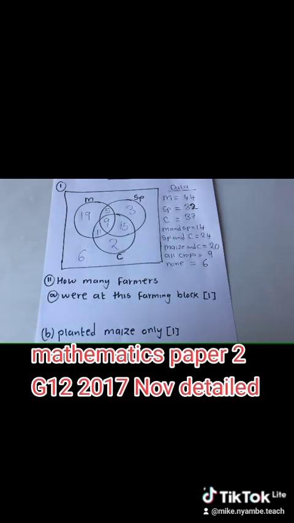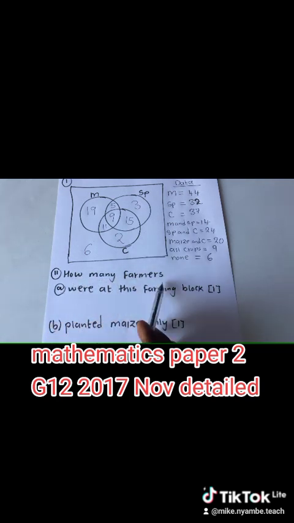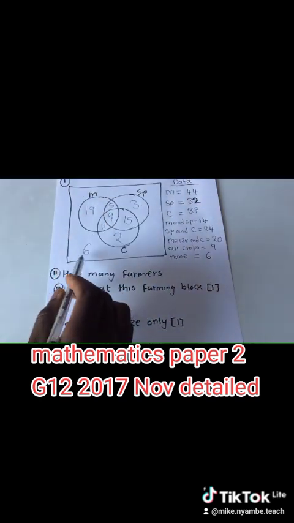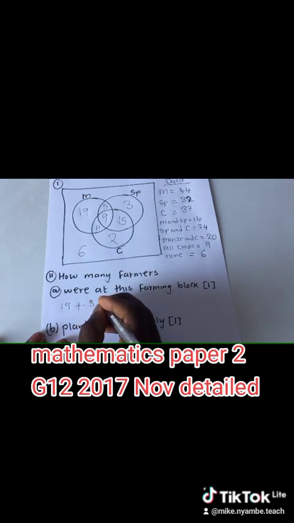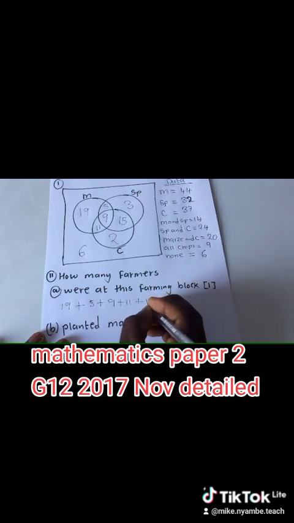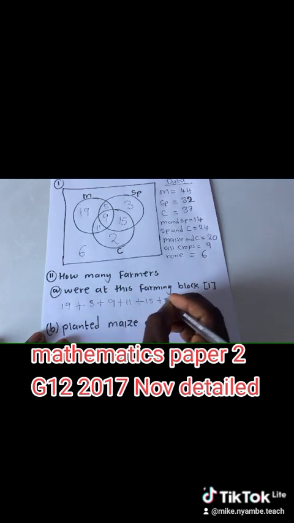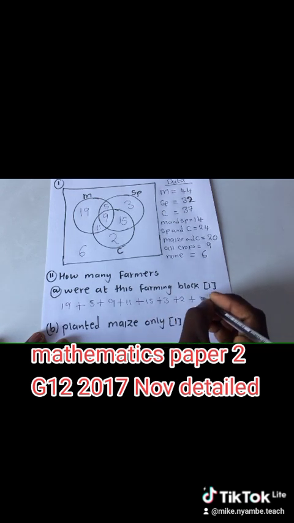The second question reads as, how many farmers were at this farm block? So what do they mean? They mean to add everything including 6. So you say 19 plus 5 plus 9 plus 11 plus 15 plus 3 plus 2 plus 6.